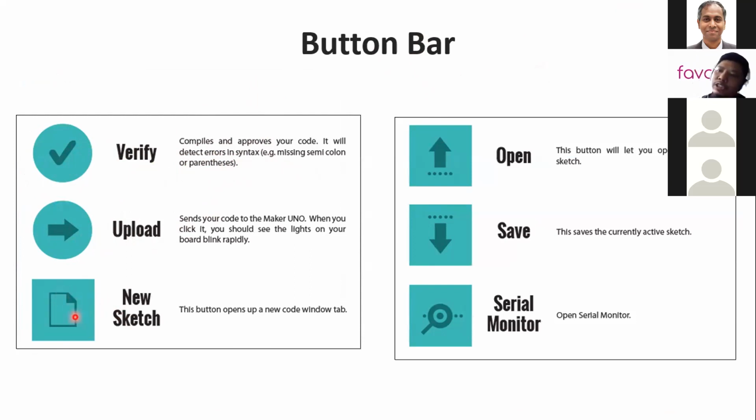This document button is to create a new sketch or new file. This button is to open an existing sketch. This is the save button, or you can use Control plus S. And this one is the serial monitor.